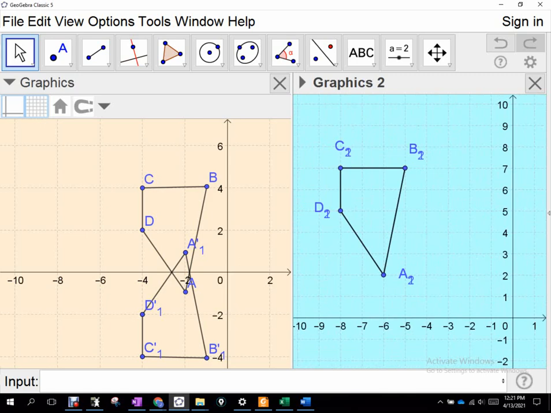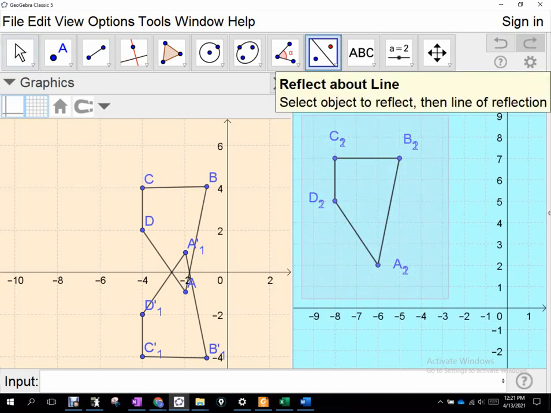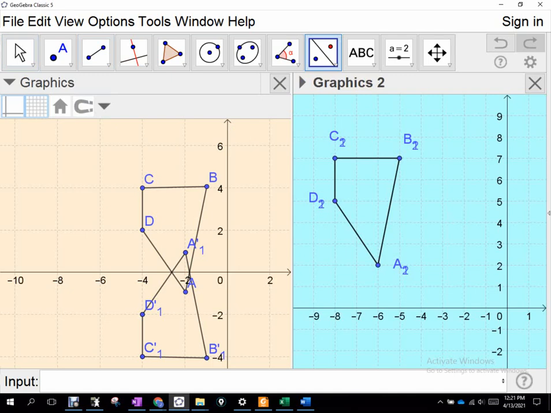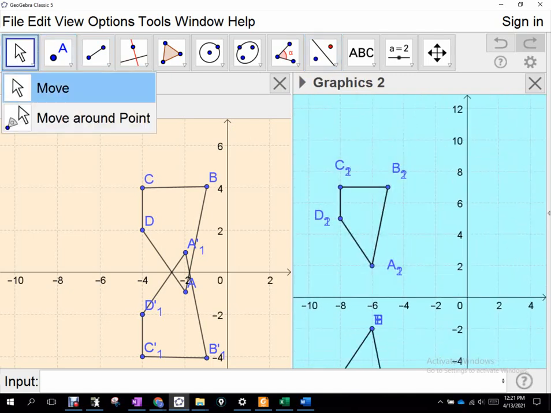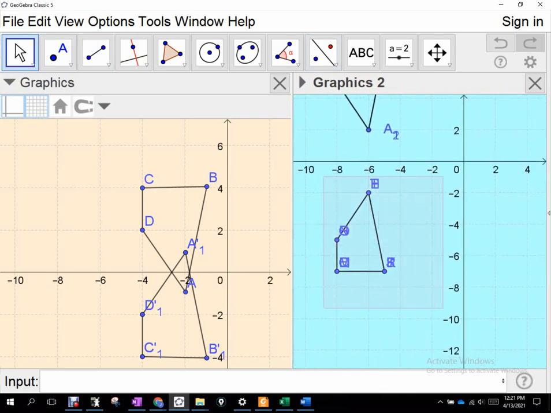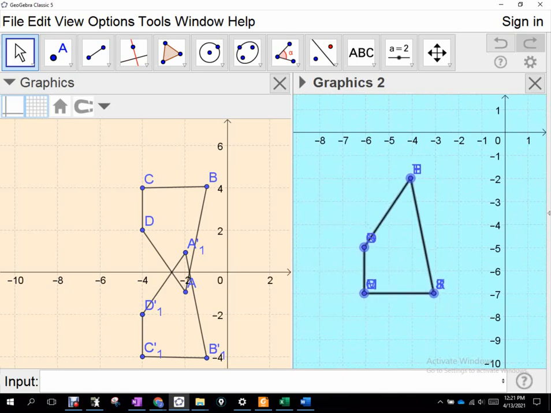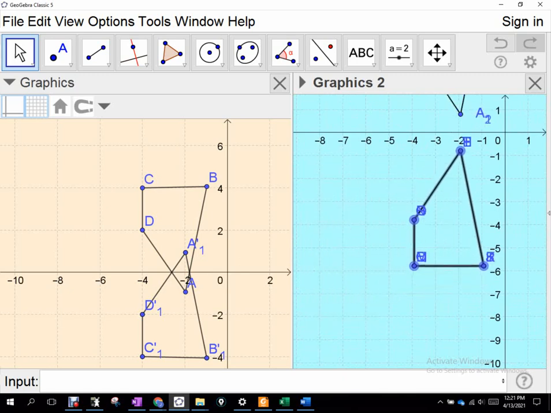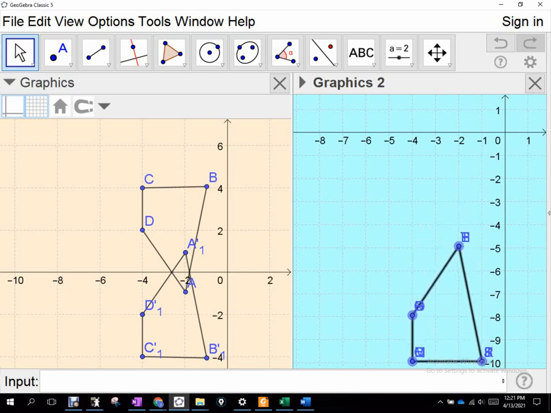Let's say that we reflect it first. If I take this image here and reflect it across there, now take that and move it 4 units to the right: 1, 2, 3, 4, and then down 1, 2, 3.